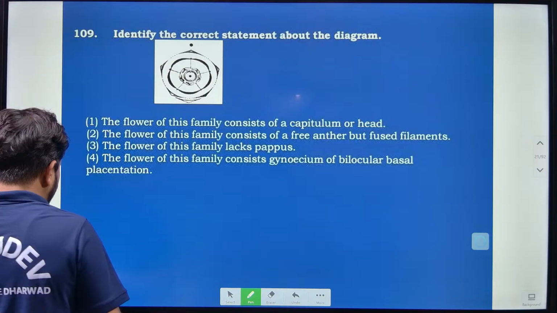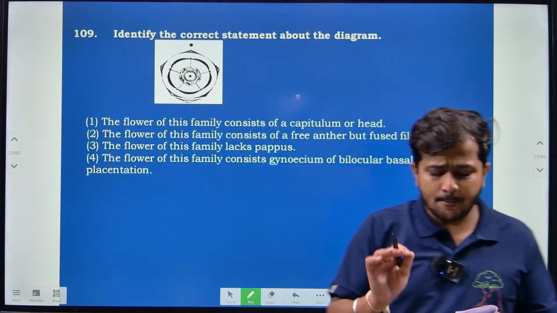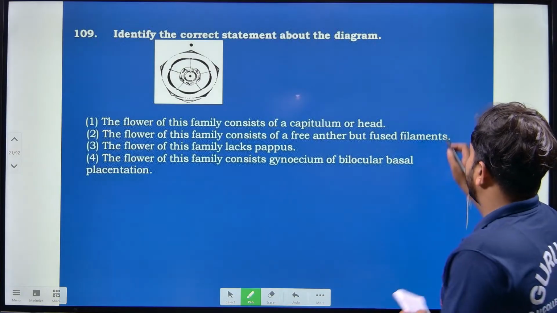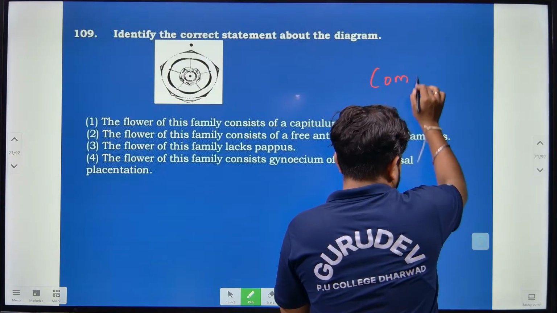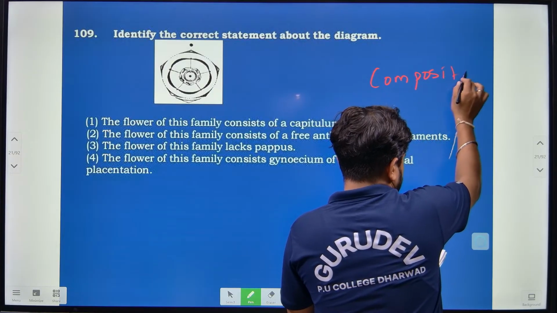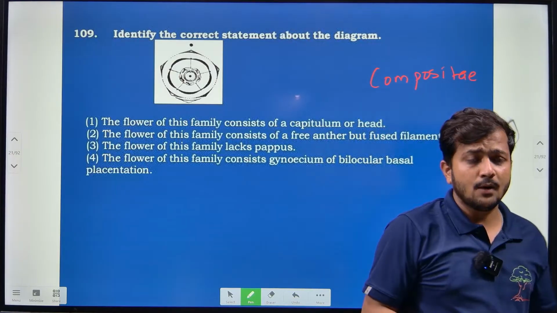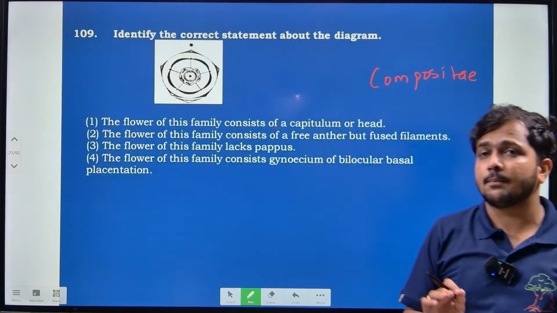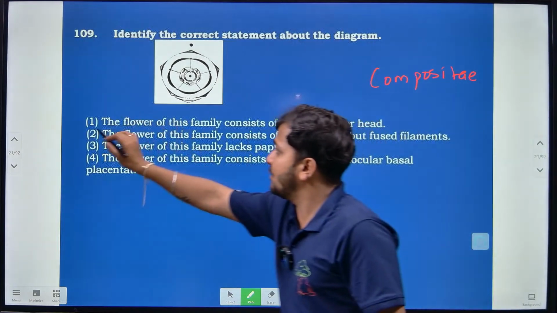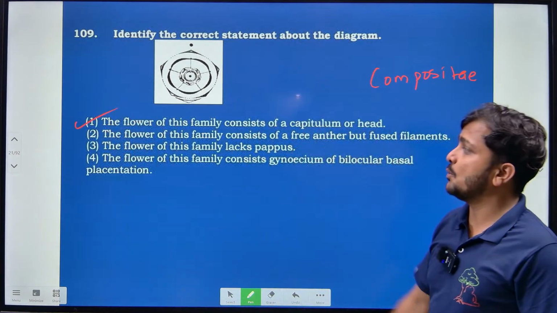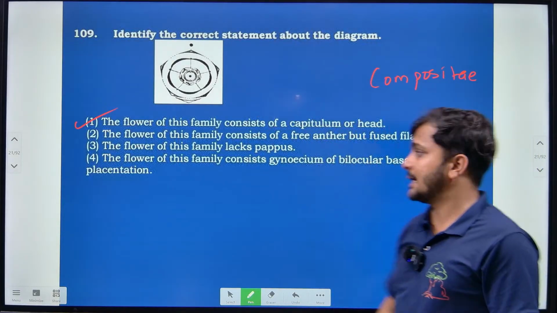Based on that, the floral diagram depicts the Compositae family, which is characterized by flowers that have a capitulum. So based on that, statement 1 is correct with respect to this diagram.